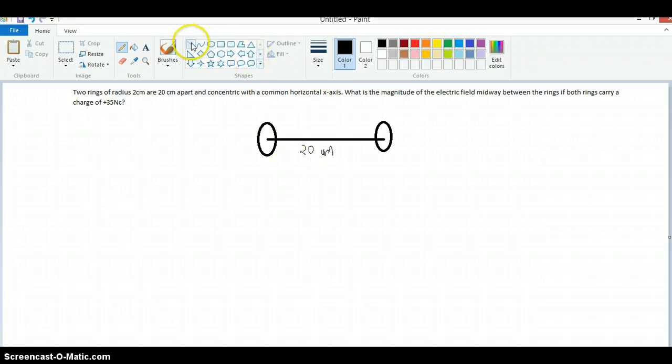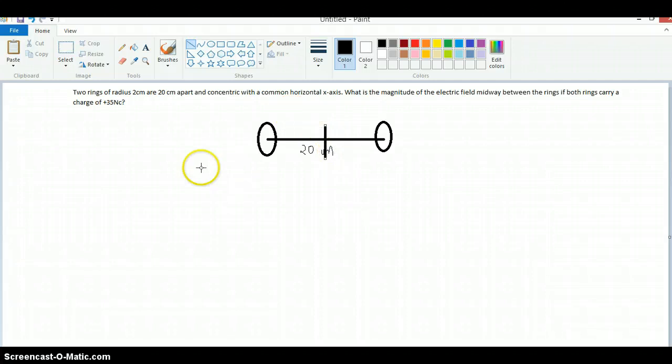The question is asking us to find the electric field at a distance midway between them. This is the line that divides the distance between the rings into two equal halves.